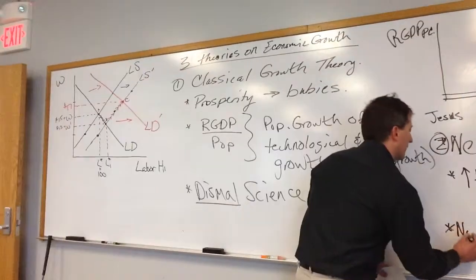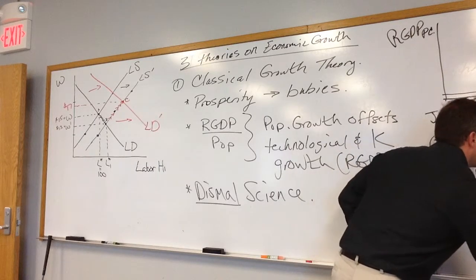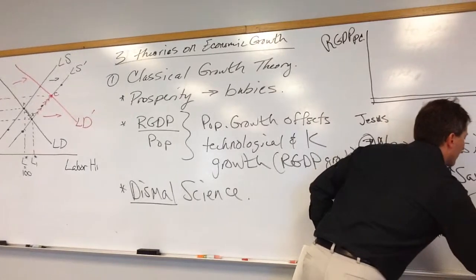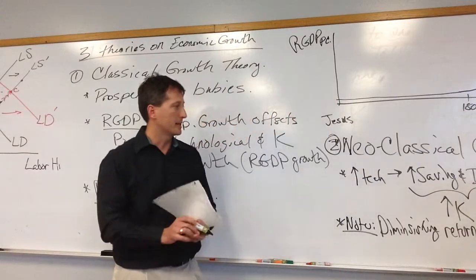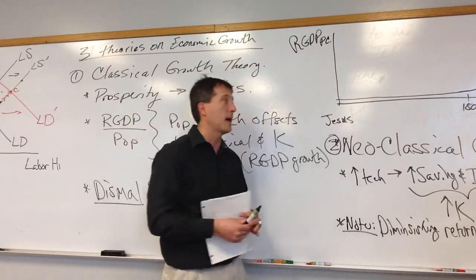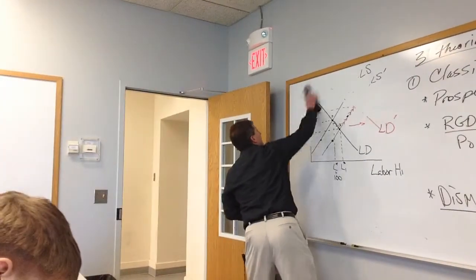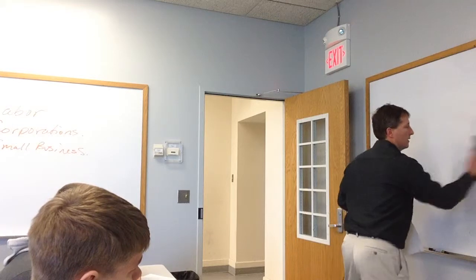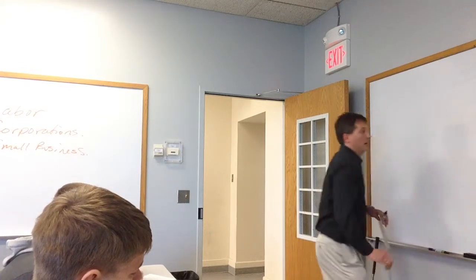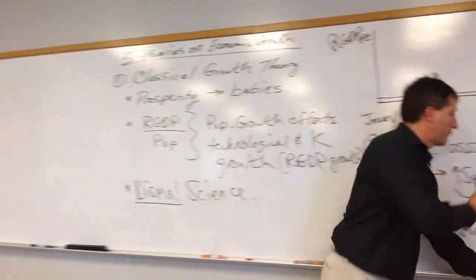So one thing to note here is that we still have diminishing returns to growth, because of diminishing returns to capital and to the resources that are growing. Okay. So this is really physical capital, neoclassical growth.